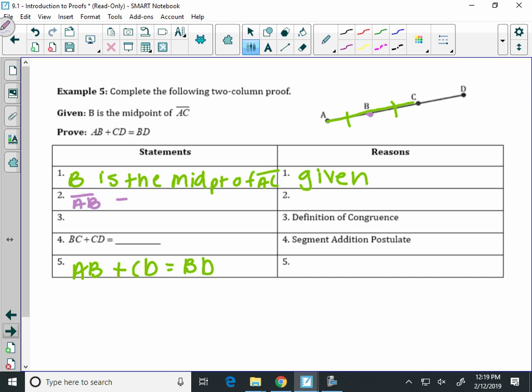I can say AB is congruent to CB. Why? What's our reason? Look at what we were given. Were we given a vocab word? What's our vocab word we were given? Midpoint. What's our reason going to be? Definition of midpoint. Whenever we're given a vocab word, it's definition of that vocab word.